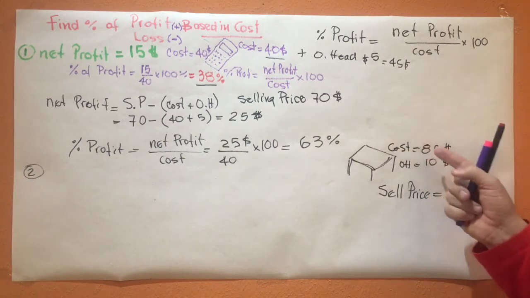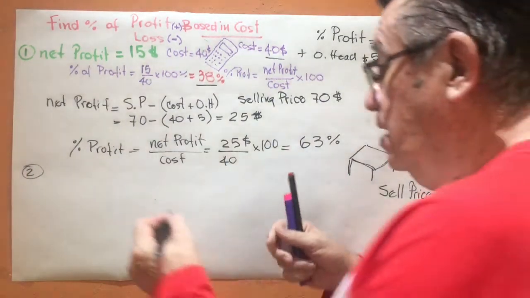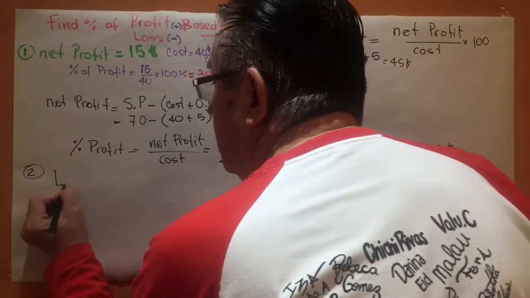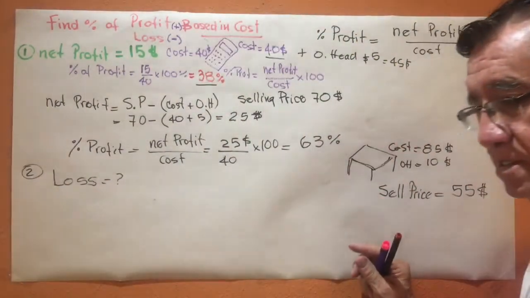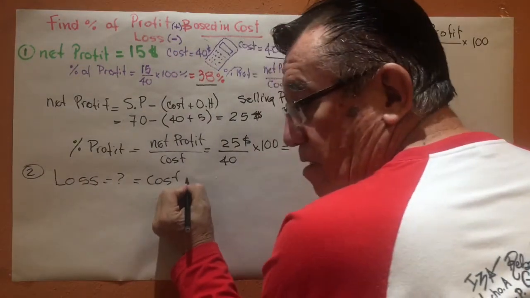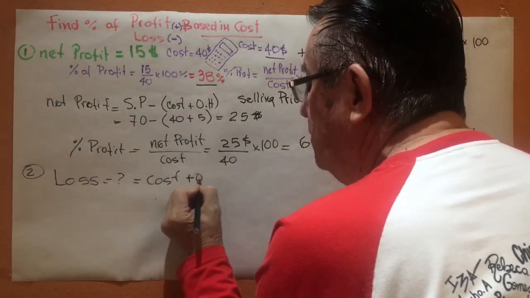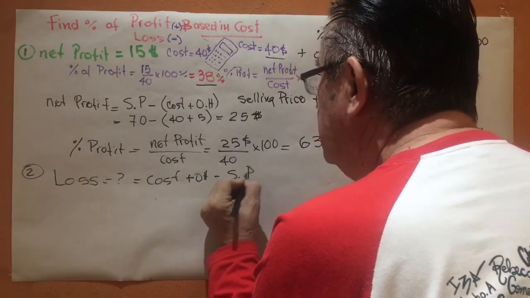So my cost is bigger than my selling price. I want to calculate how much my loss is. The loss is equal to the cost plus the overhead minus the selling price.